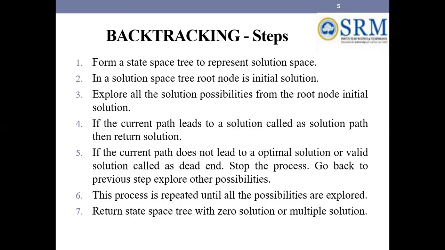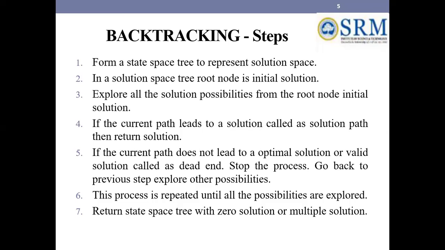At some point, there is no possibility of finding an optimal solution. We can stop the process, and that is called a dead end. We move back to the previous step to find other options. If the current path does not lead to an optimal or valid solution, it is a dead end: stop the process, move back to the previous step, and find other possibilities. This process is repeated until all the possibilities are explored.